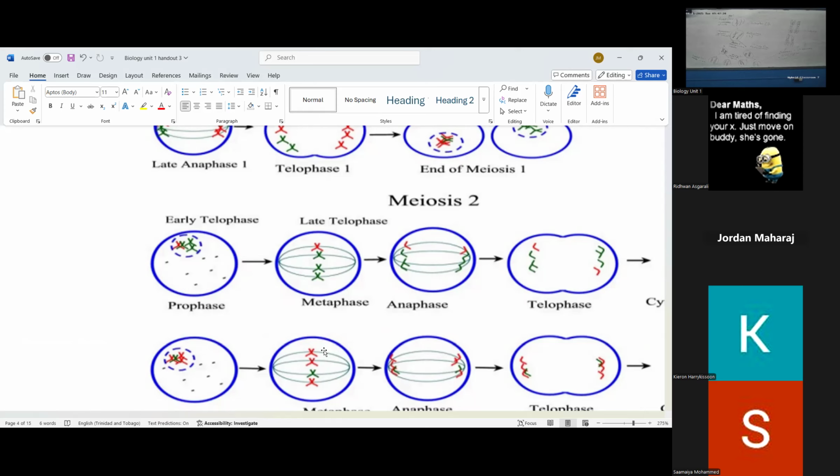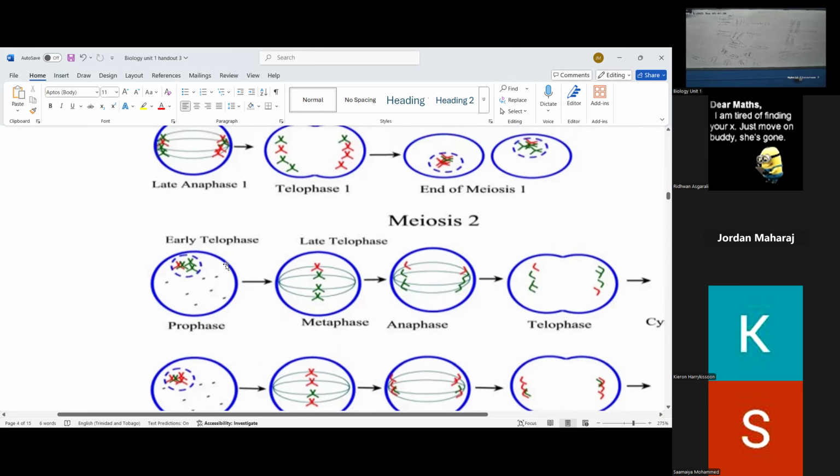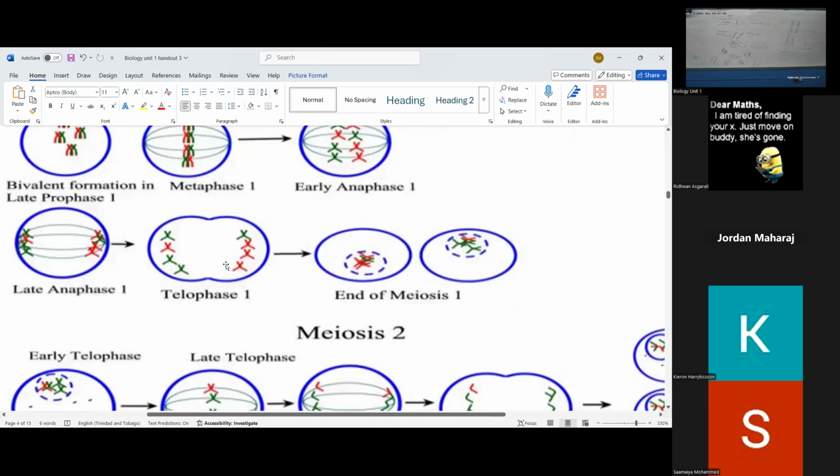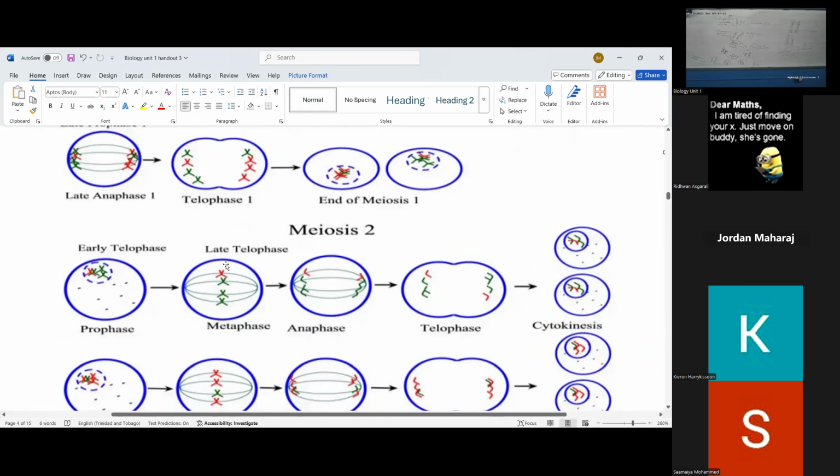So in meiosis two, we start back with prophase. Meiosis two can either start right away or you can have a little bit of lag, but the lag shouldn't be too long because you don't want to keep your cells like this. So you can either start immediately or start shortly after.